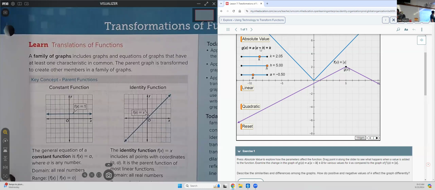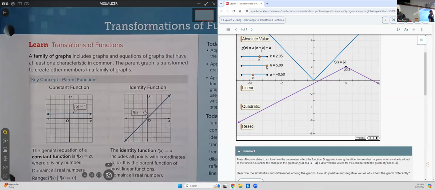And we would have plus 2.05 on the end. So when we get into the notes today, you're going to notice that changing a k value, if it's a plus, that means it's been moved up. If it's a minus, that means it's been moved down. However, if it's inside your grouping here, the minus, because you're subtracting the positive value of h, it's kind of like backwards from what you might think it would be.